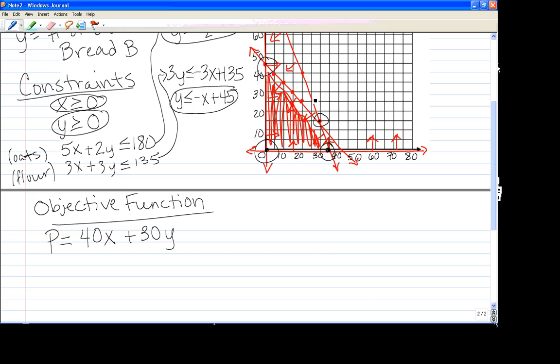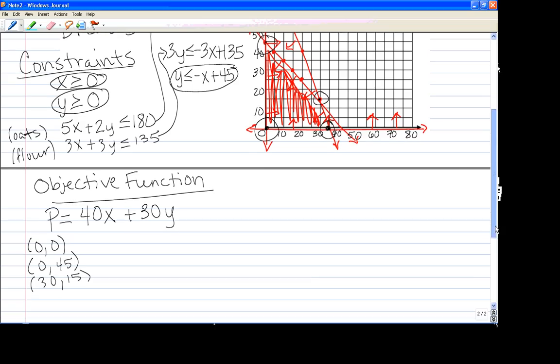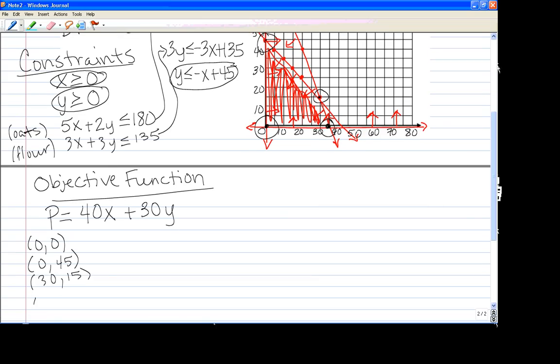So now we take each of our four vertices, which again were 0, 0; 0, 45; 30, 15; and 35, 0. We're going to plug each of these x and y values into the profit, our objective function.